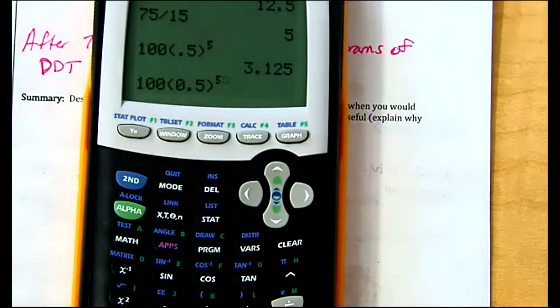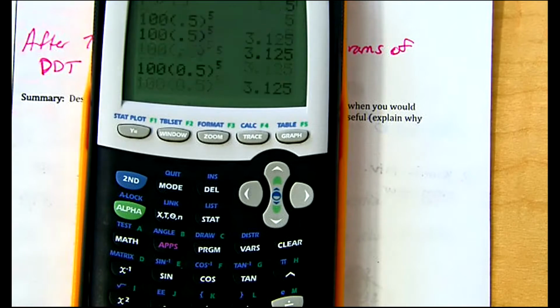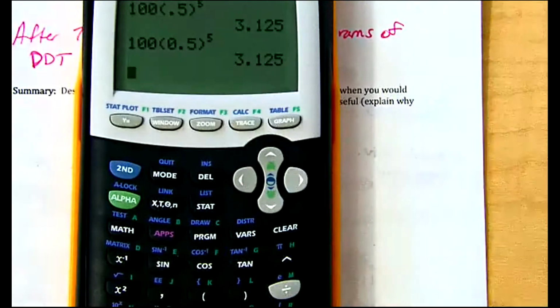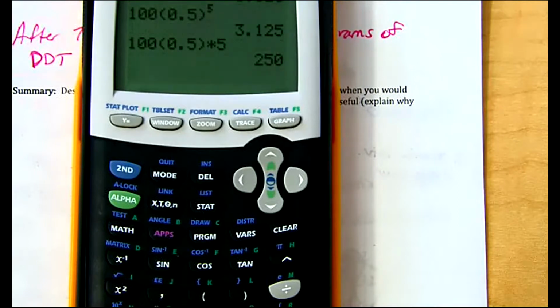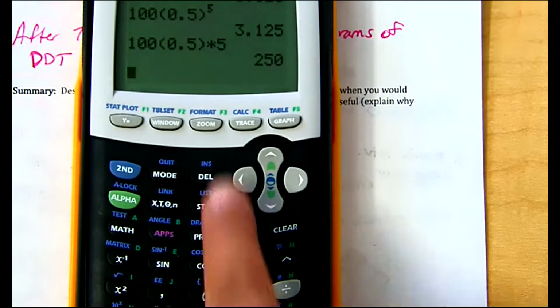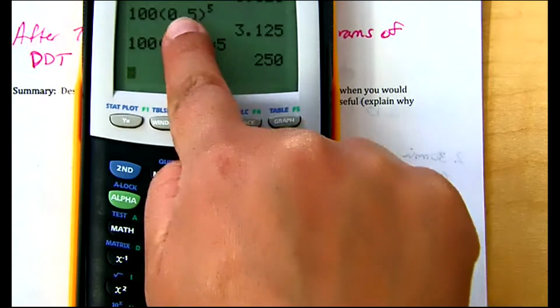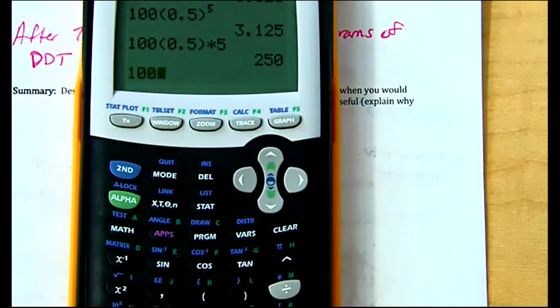So x is in your exponent, right? Yes. And then when you hit enter, you'll get that 3.125. But if you do what you told me, 0.5 times 5, then you'll get your 250.